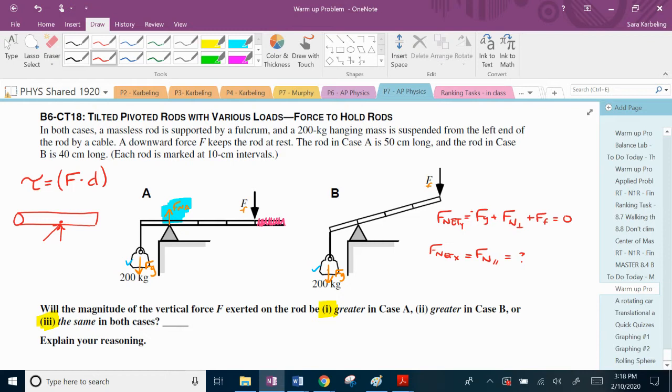No? Yes? Talk to me, guys. No, you don't. So we need to take that into account, right? How do the force and distance have to compare? Distance from the equilibrium or the rotational axis.